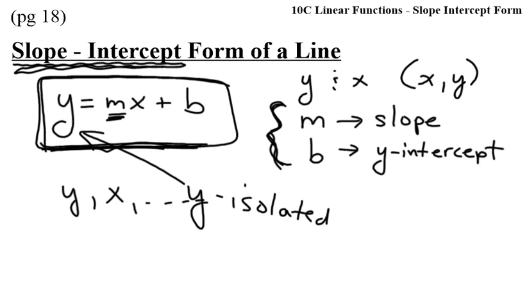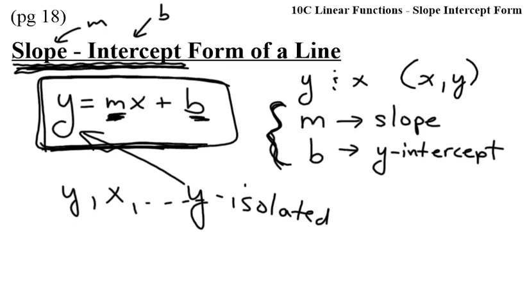We always want the y to be by itself in slope-intercept form. Because that's why it's called slope-intercept, it gives us the m and the b value. Having the y isolated allows us to quickly identify that information.